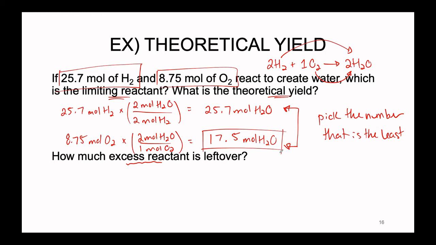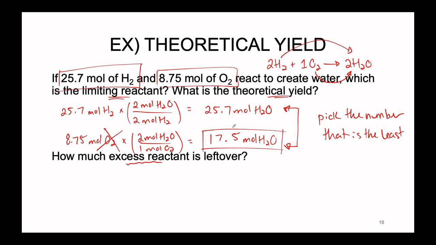And once all of the oxygen's used up, we can't get to 25.7 moles. All of our oxygen will be gone, and the leftover hydrogen's just gonna have to sit around. We could potentially have made up to around 26 moles of water, provided we had enough oxygen, but we don't. The oxygen will run out once we hit 17.5, and all of the rest of the hydrogens are just gonna be hanging out, unreacted, and unable to do anything.